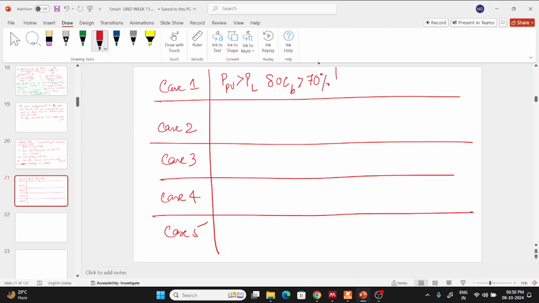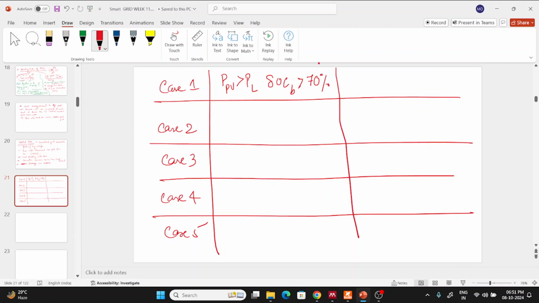The grid reference current I_grid_ref should be equal to minus I_LFPC, and I_battery_ref should be nearly equal to 0. And this works for the time instant T2 to T3.